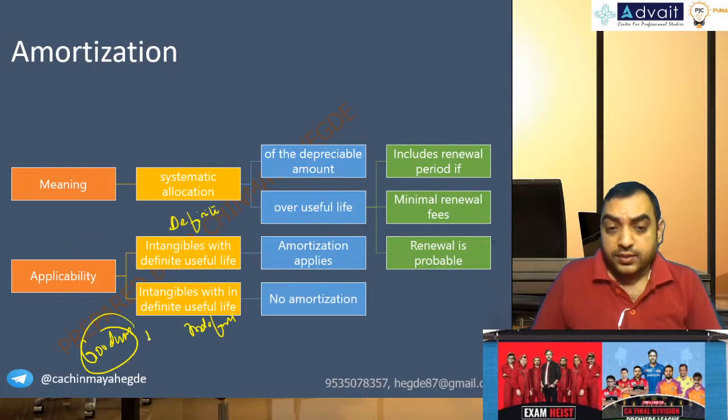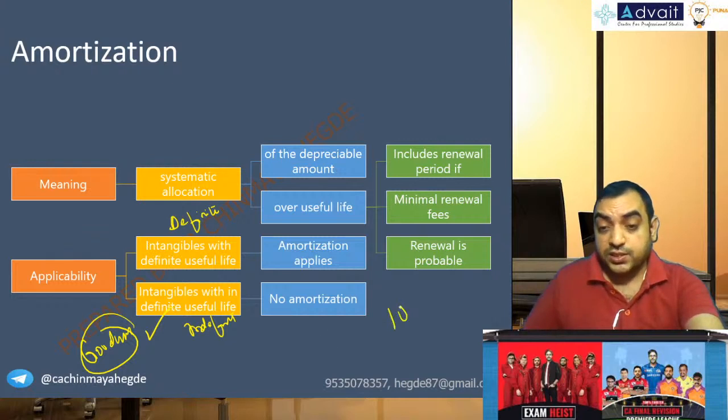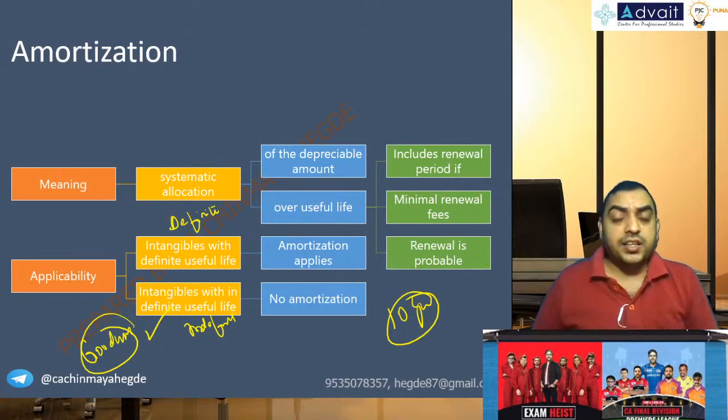But goodwill and some other intangibles may not have expiry periods. When you don't have expiry periods, how do you amortize it? AS 26 assumes 10 years. Nothing more than 10 years can be assumed unless there is conclusive evidence, persuasive evidence should be there under AS 26.